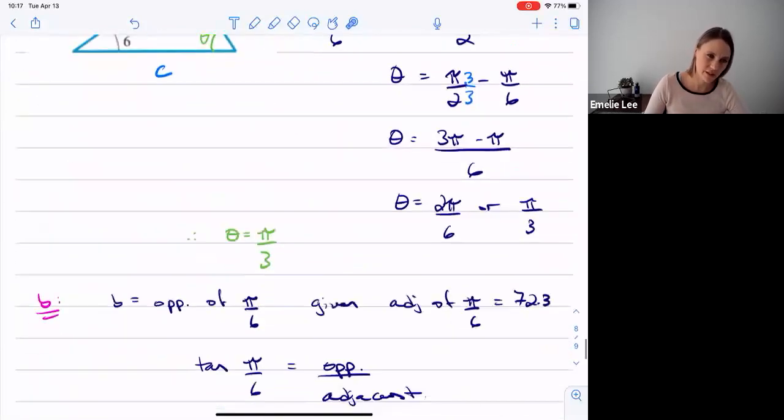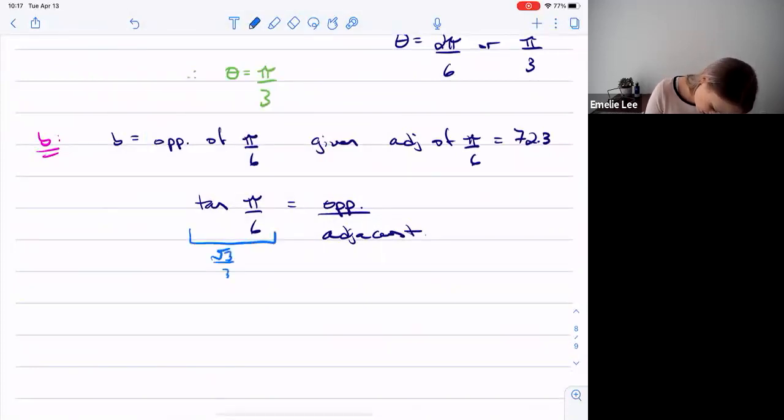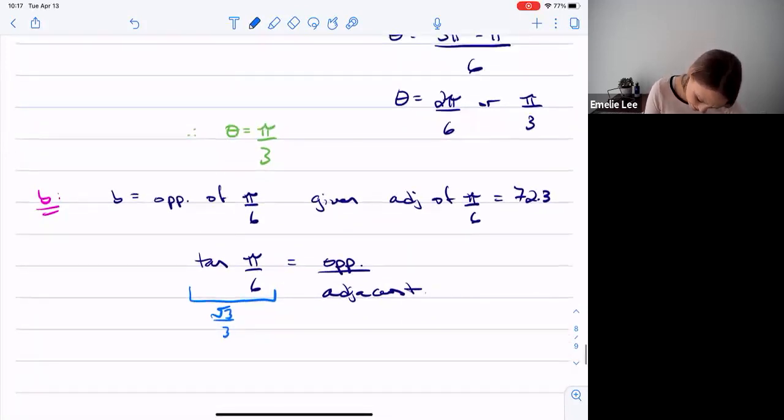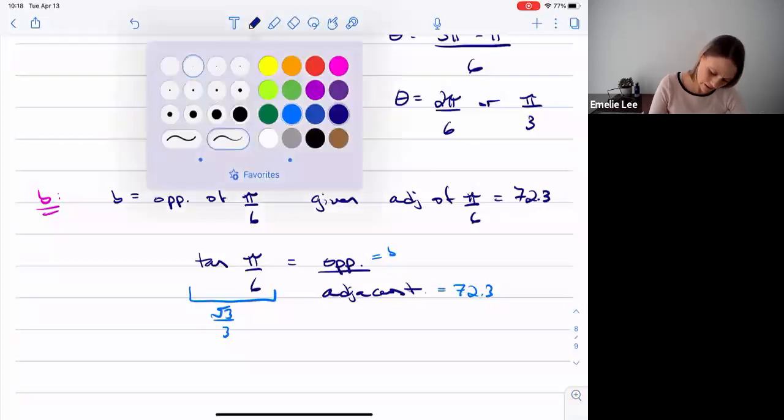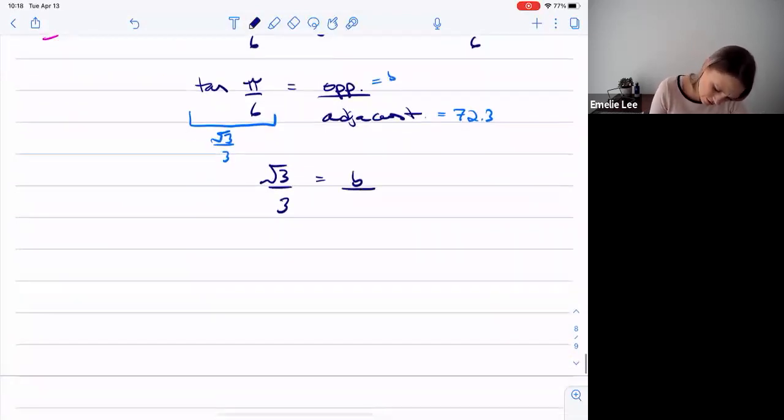Scroll back down here. This I can replace with root 3 over 3. And the opposite is the B that I'm trying to solve for, and the adjacent is 72.3. So then I have root 3 over 3 is B over 72.3.